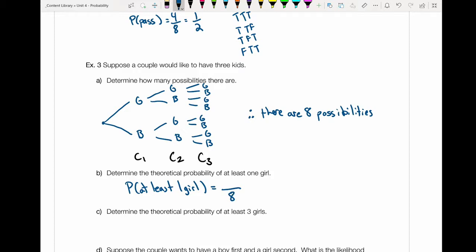If we count each pathway with at least 1 girl, we should see that there are 7 possibilities. You could also do the opposite. How many possibilities are there with no girls? That's only 1, so all the remaining would have to have at least 1. But we can go through and write out all the possibilities.